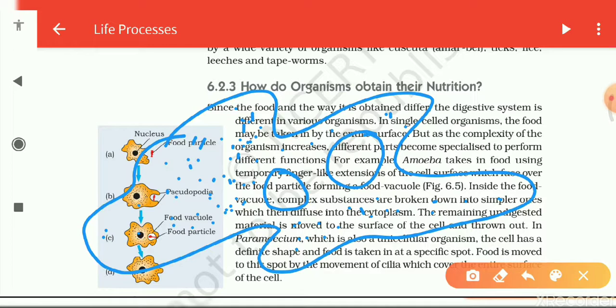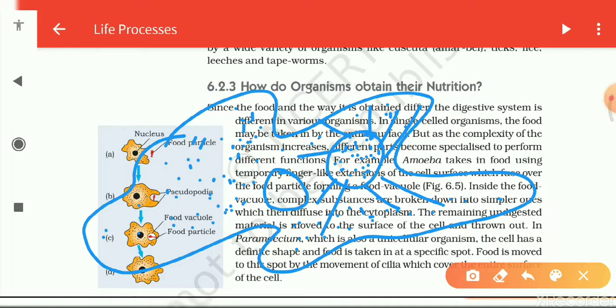When the food particles come inside the cytoplasm, some enzymes present in the cytoplasm go inside this food vacuole and start to break down these complex molecules into smaller ones. That is called your second step, the digestion.